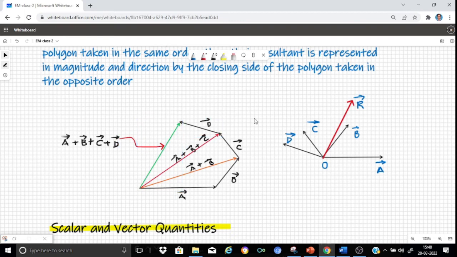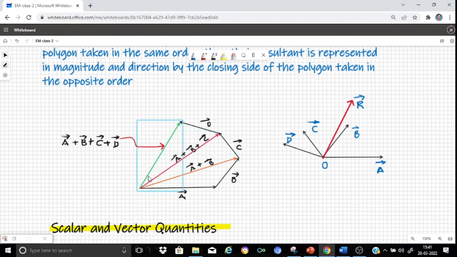The polygon law does not require any kind of derivation. It is very simple. Any polygon can be split up into a number of triangles. For example, as you can see, this particular polygon is split into three triangles. The first triangle has two sides, vector A and vector B. It means the diagonal is represented by vector A plus vector B. Now let us apply the triangle rule once again to the second triangle.